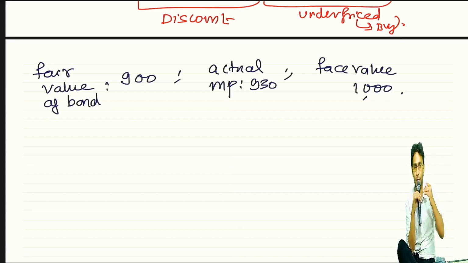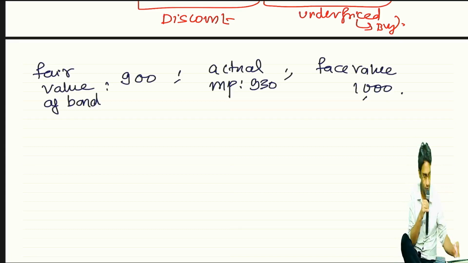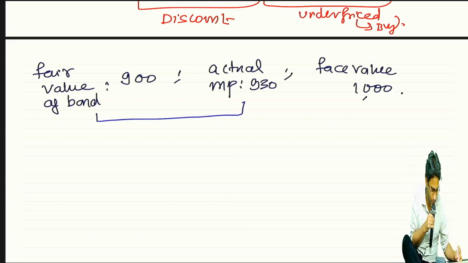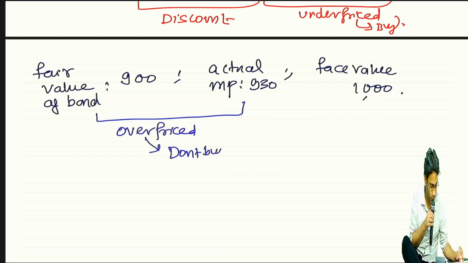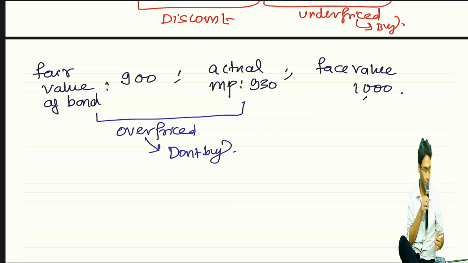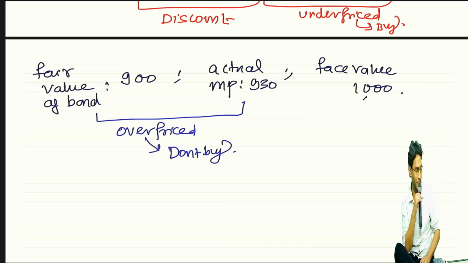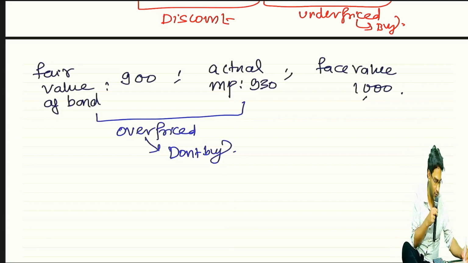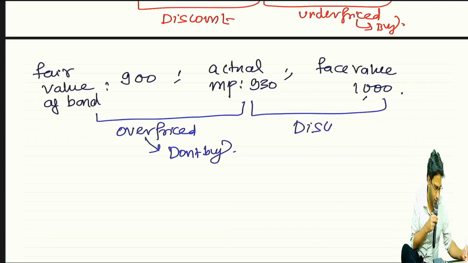It's trading at a price more than its worth. When it is like that, we say that the bond is costly or overpriced. Buy or don't buy? Don't buy. Okay, next. Actual market price and face value compared: tell me, bond is trading at par or premium or discount? Discount. Bond is trading at discount.